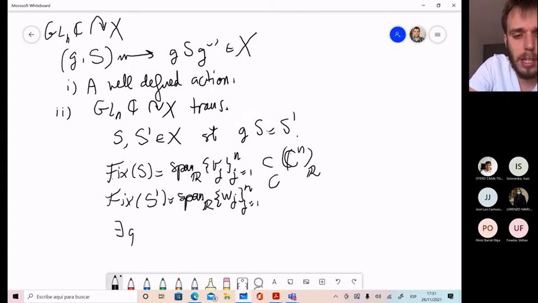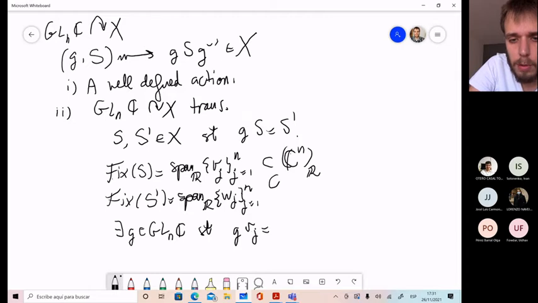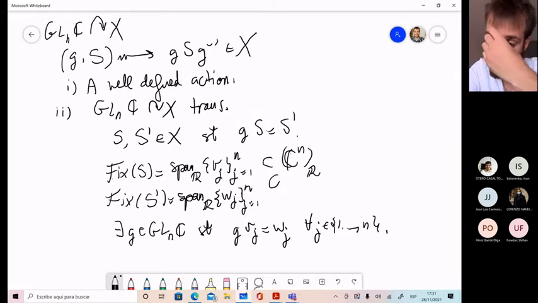So there exists some element g in GL_n(C) such that g(v_j) is equal to w_j for every j between 1 and n. Okay?